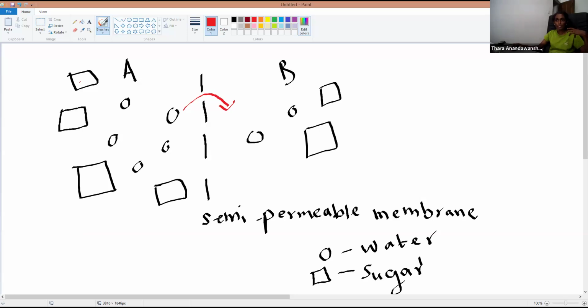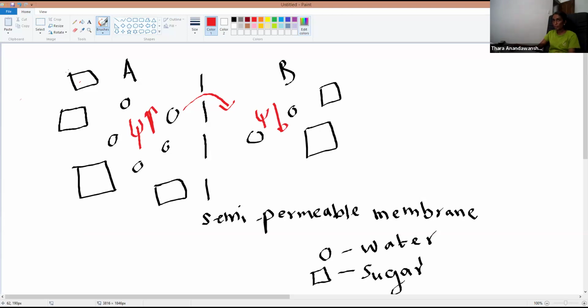So it affects the direction of osmosis, because water molecules will always move from higher water potential to lower water potential. So if this side has a high psi value and this side has a low psi value, from A to B only the water will move.